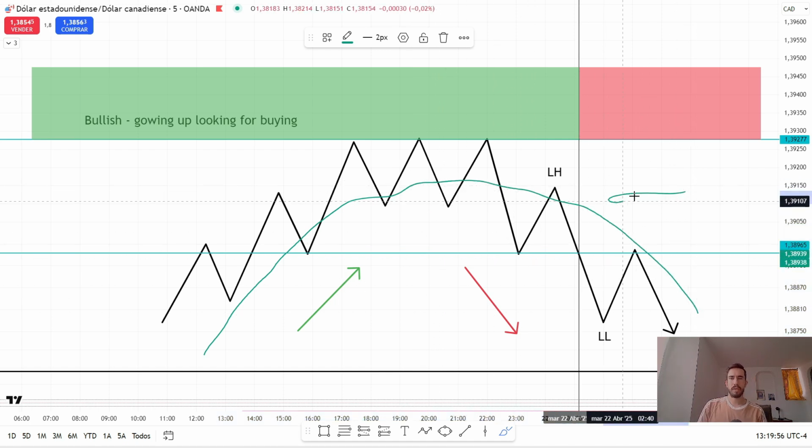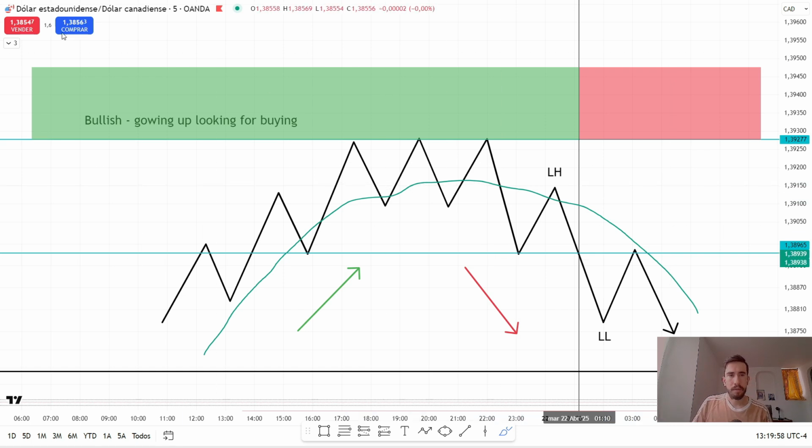I'm sorry for the drawing, not the best, but I want you to understand the concept. When the market is moving up, in a bullish market, all the green area, most likely the moving average is going to go up as well.